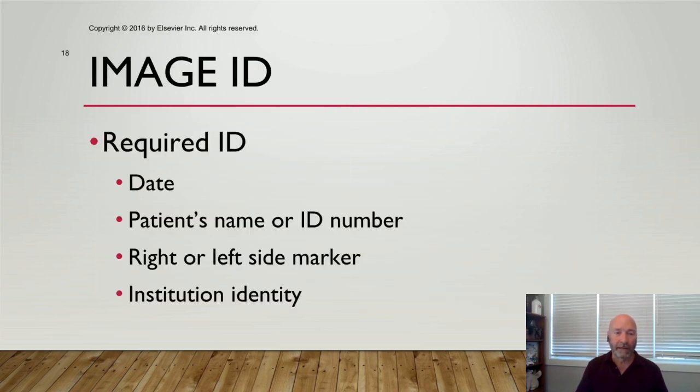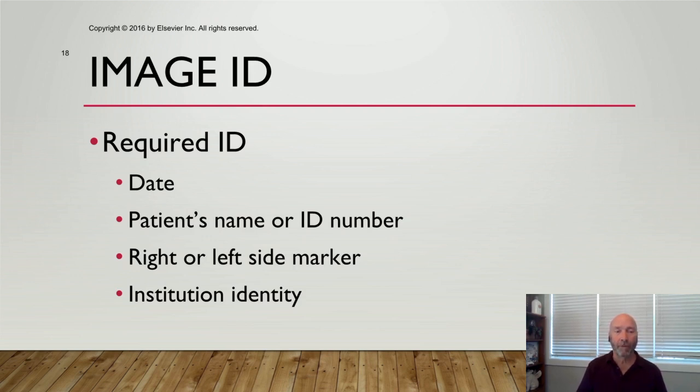So the required ID would be the date of the exam, the patient's name or ID number, and then that side, what we refer to as a side marker, that's that L or R that describes which side of the patient we're looking at. And then you also have to have some sort of identity of the institution where the exam was taking place. So in most of the hospitals, all the hospitals I think that I've ever worked in, they had both the patient's name and the ID number.